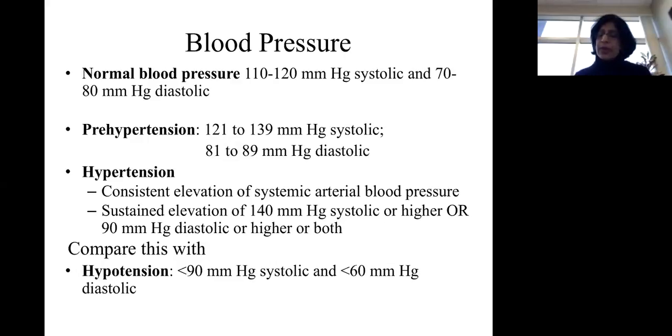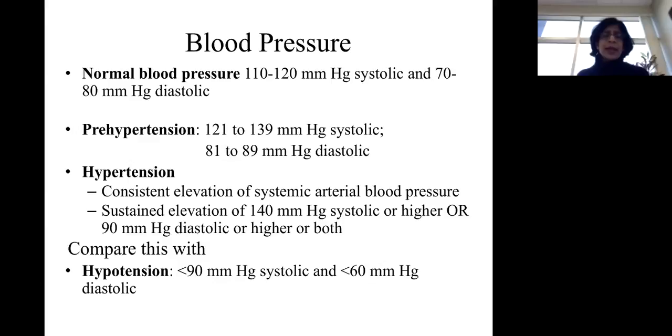So when you think about pre-hypertensive or hypertensive, you also have to keep in mind that a slight change in blood pressure during situations like exercise is not considered as pre-hypertensive or hypertensive.